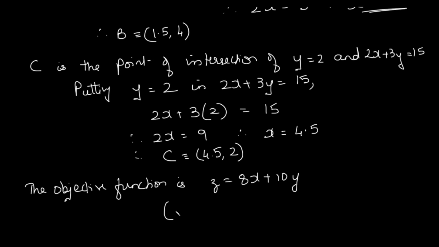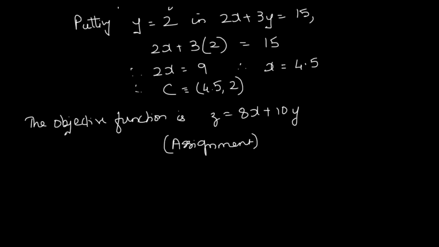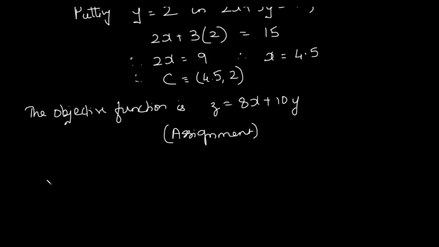So this is left as an assignment for you to complete. Also, the next sum of the exercise, that is question number 8, is also an assignment for you. Try it out. It is a minimization problem to be done in the same way as you have done 6 and 7, that is it.